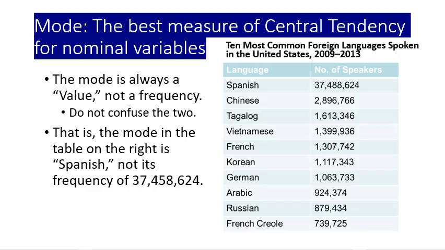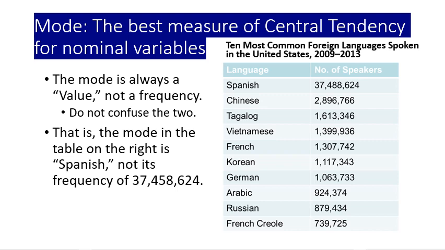One thing to remember is that the mode is the best measure of central tendency if you have nominal variables, or variables that list categories instead of continuous variables. Also remember, the mode is a value, not a frequency. For example, here's a graph showing the 10 most common foreign languages spoken in the United States between 2009 and 2013, arranged in order from greatest to least.